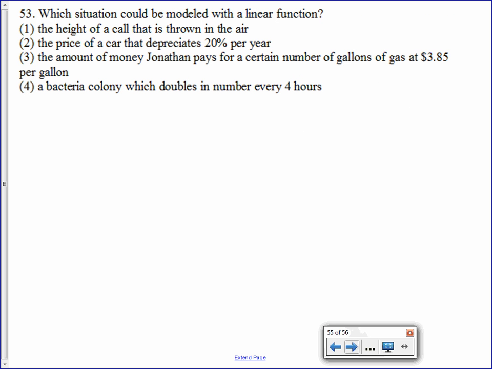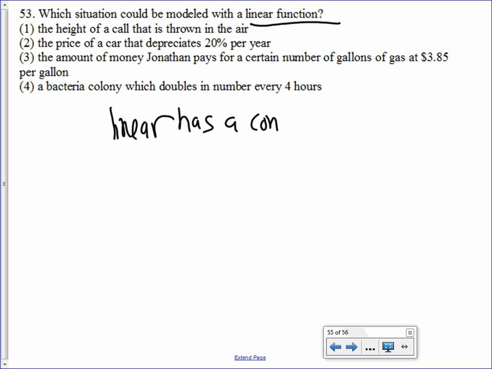Almost there. Which situation could be modeled with a linear function? Well, a linear function has a constant difference. I'm adding or subtracting a constant amount.